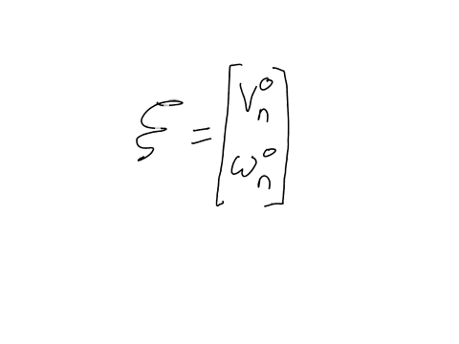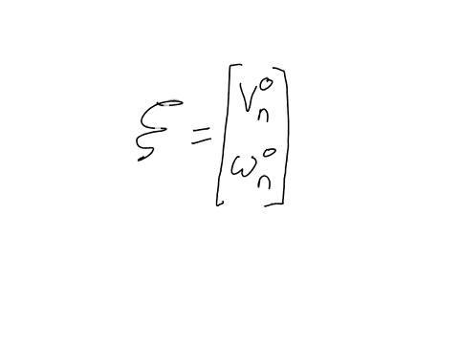This chi notation accounts for both the linear velocity of frame n, which in this case will be the frame of our end effector, relative to the base frame, and omega, the rotational velocity of frame n, the end effector frame, relative to frame 0.